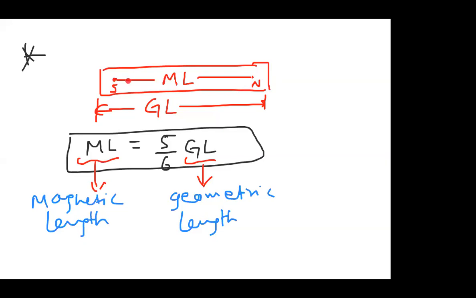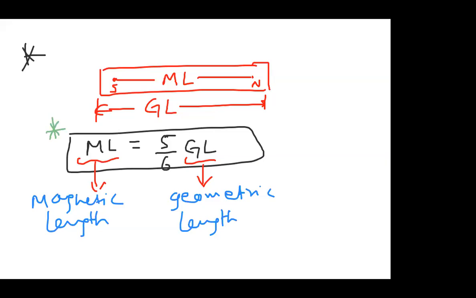So the length between the south pole and north pole is called magnetic length. How is magnetic length connected with geometric length? Magnetic length is equal to 5/6 of geometric length.